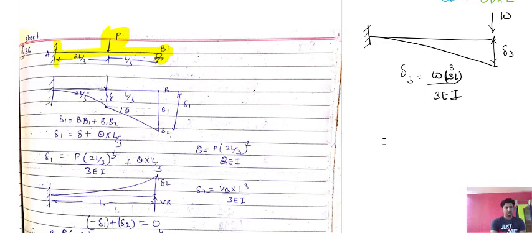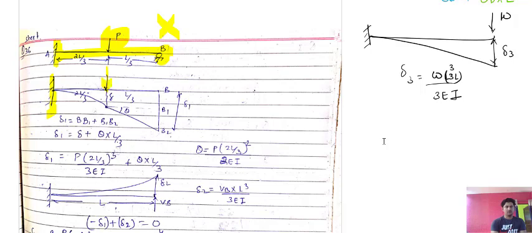You can solve this numerical by first applying the concept of a cantilever beam. So you forget that there is a roller support here. I have removed this roller support, so it will be a standard result again. Then the point load is acting here.